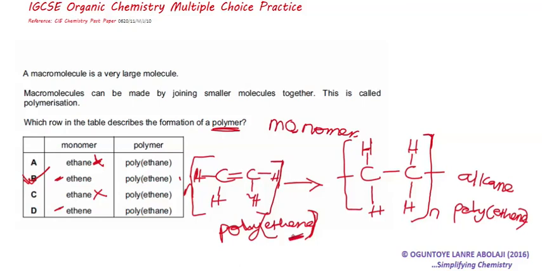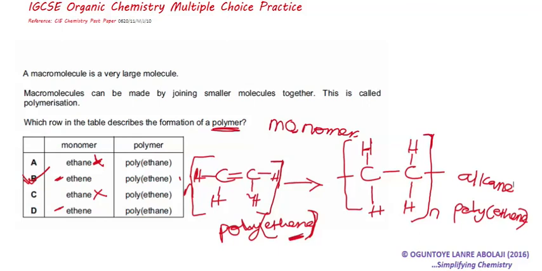So when your monomers come together, the final name reflects the monomer that makes up the molecule. Good. So the correct option there is B.